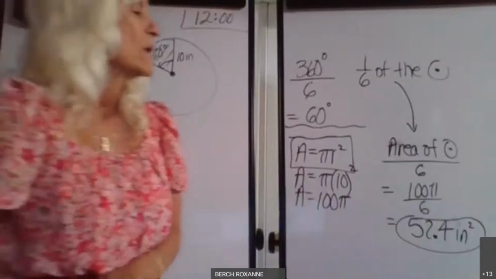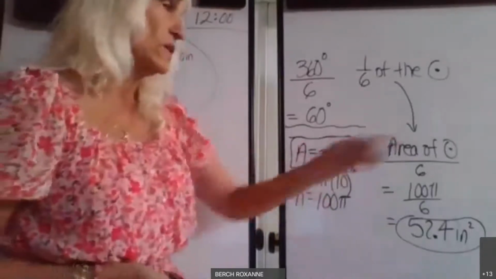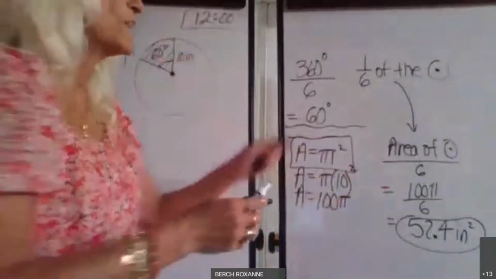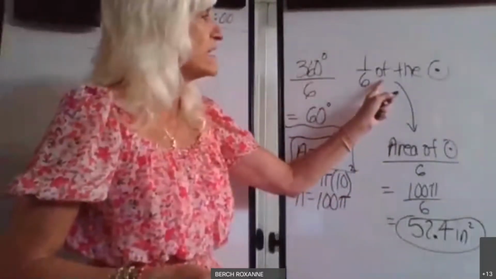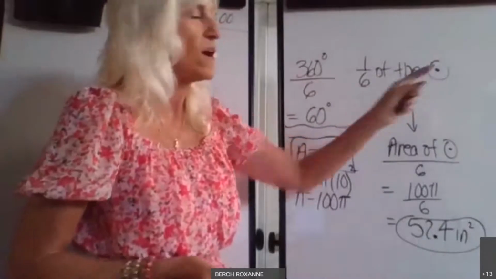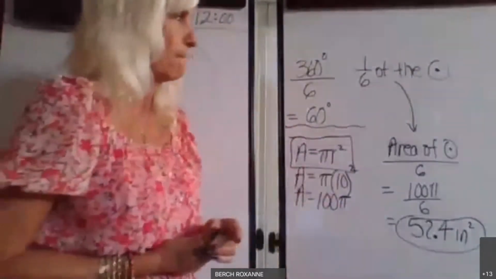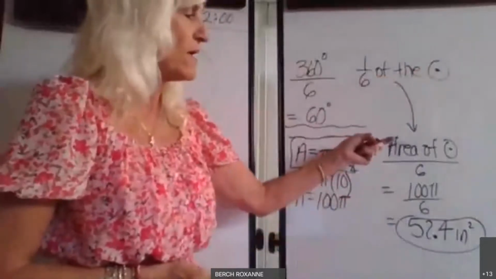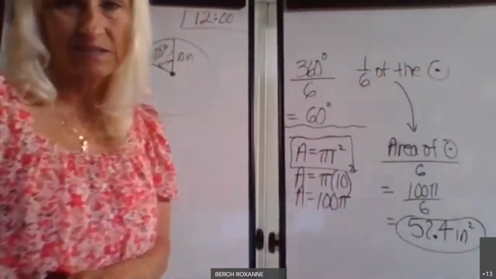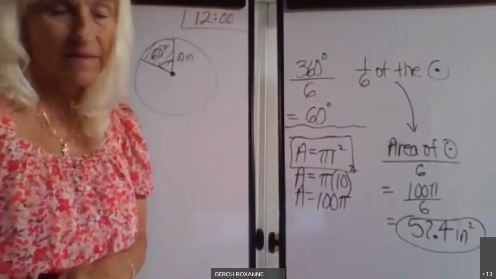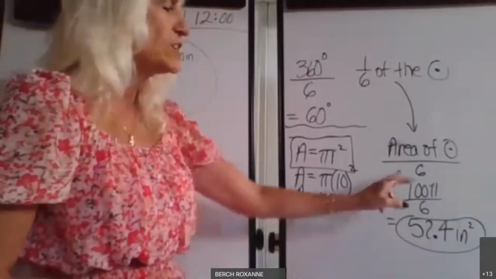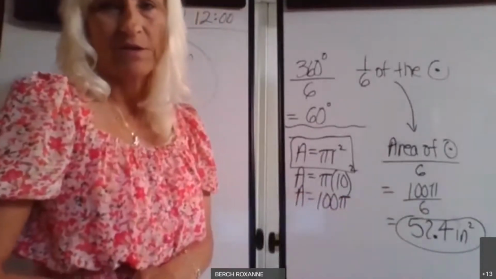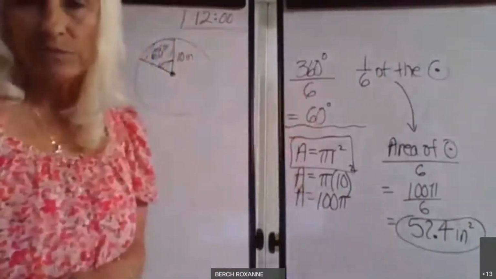If you take the area of the circle and divide by 6, because isn't this 1/6, that would be 100 pi divided by 6, which is about 52.4. So I thought that was a really good idea.